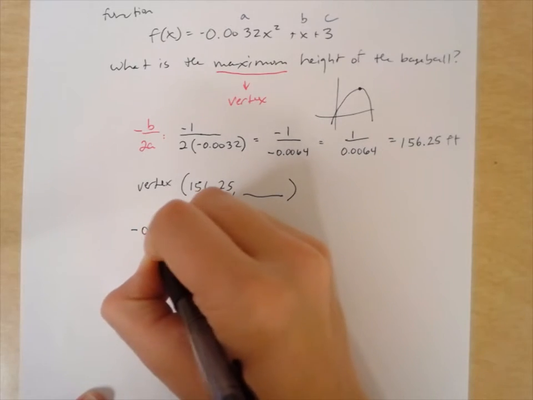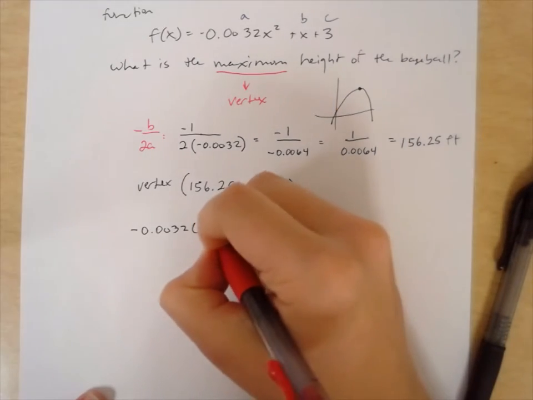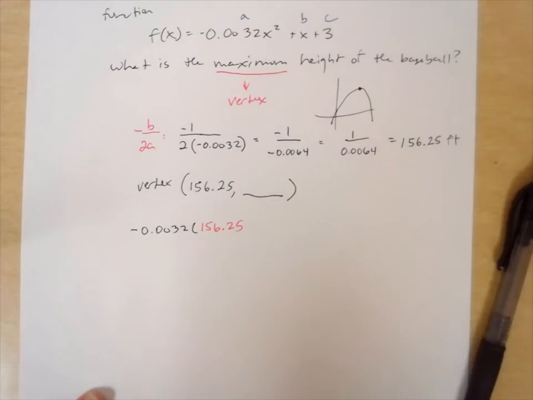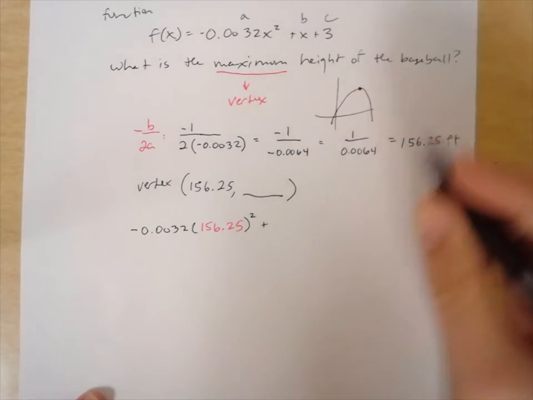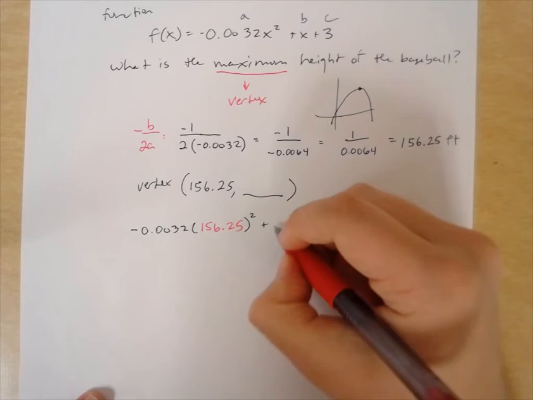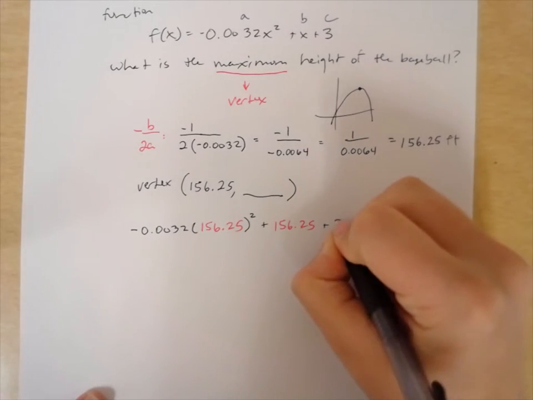So we're going to say negative 0.032 times 156.25 squared plus our 156.25 plus 3.